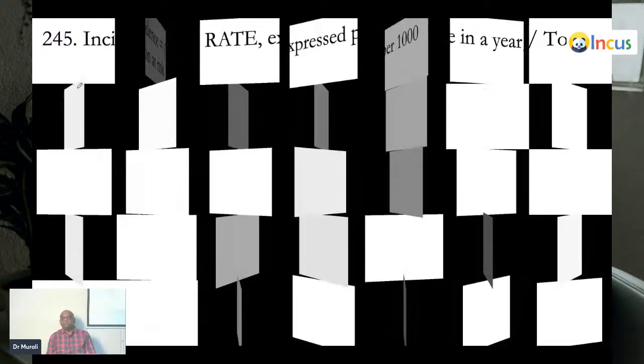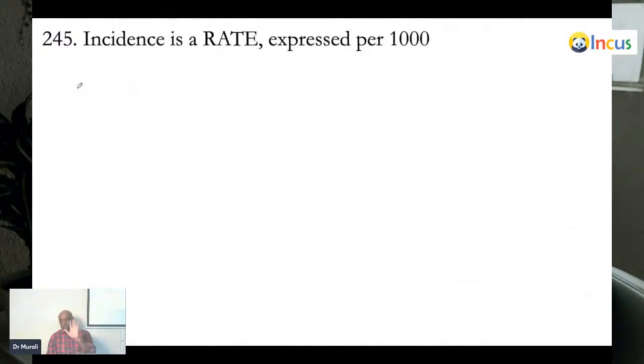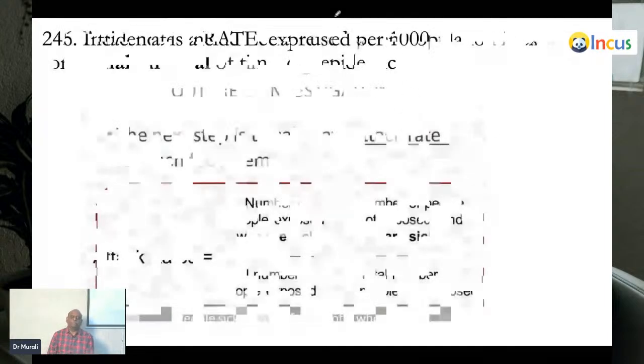So incidence is a rate. Incidence is a rate expressed per thousand. Per thousand is what you need to remember.